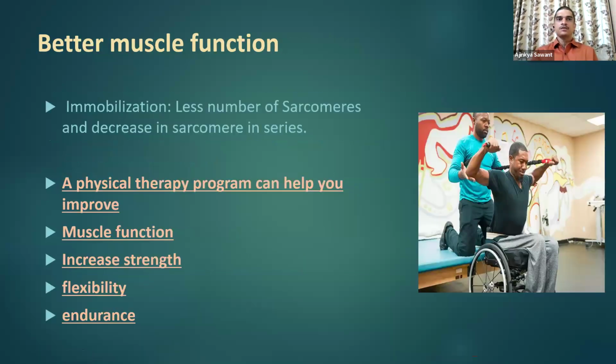Better muscle function. As we are physical therapists, musculoskeletal is very important for us. So better muscle function, mobilization. I have written it, but immobilization happens to the muscle. Due to immobilization, what happens to the muscle?